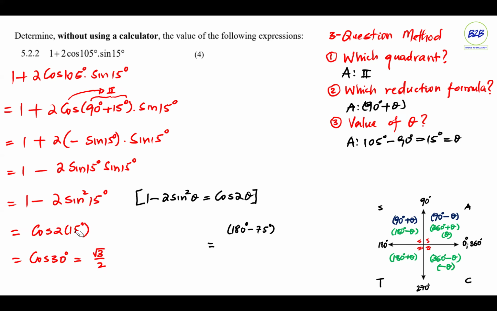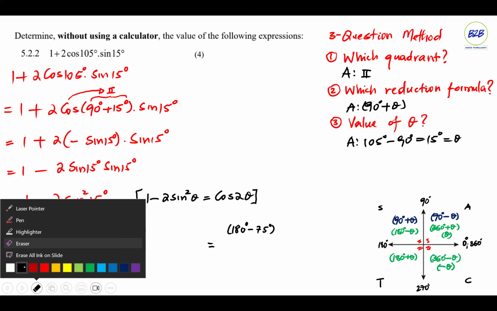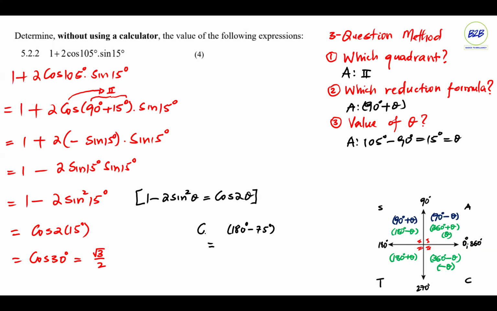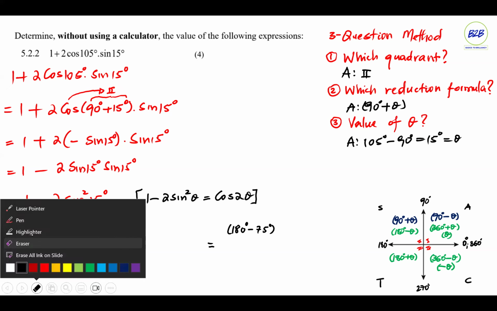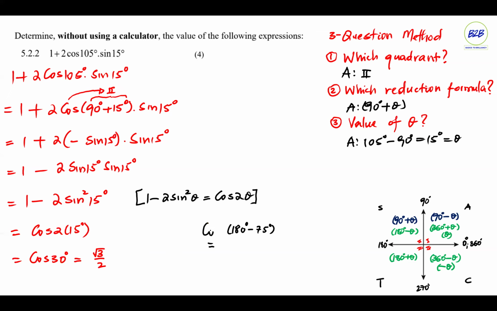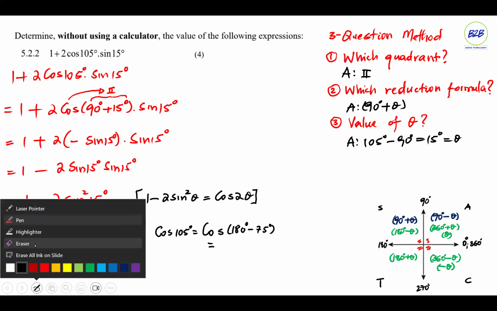There's cos there, so my bad. So you would have cos of 180 degrees minus 75 degrees in the place of cos 105 degrees.